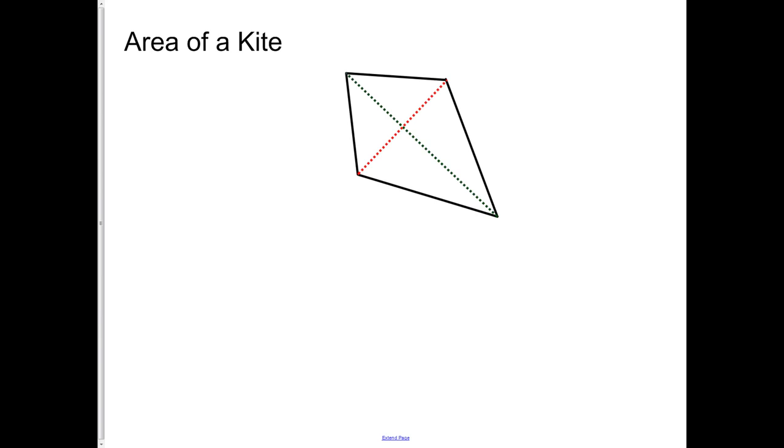This same formula can be used with a kite, but it can only be used for the rhombus and the kite. The diagonals cannot be used with any other shape to find area in this way. Again, the area is going to equal diagonal 1 times diagonal 2 divided by 2.